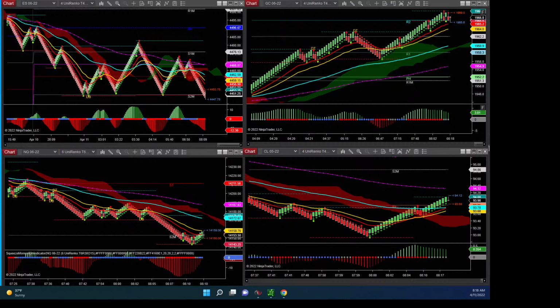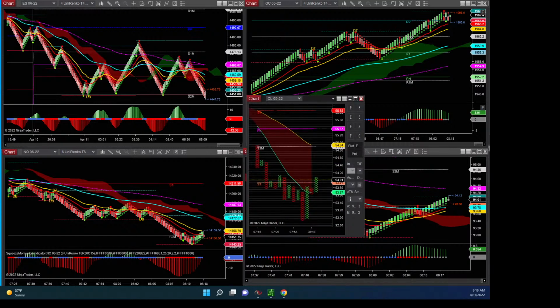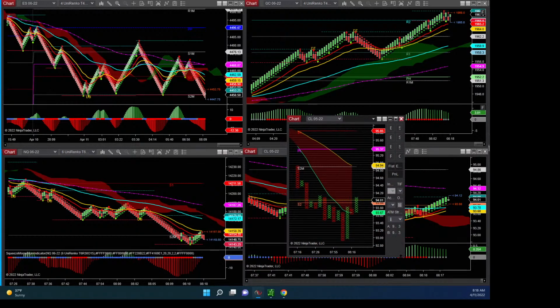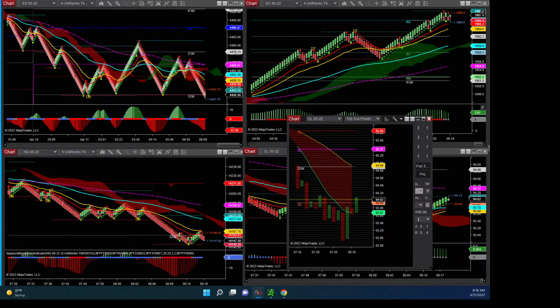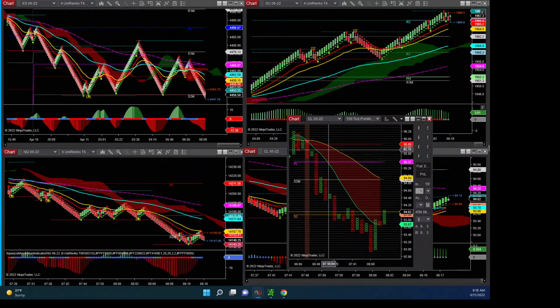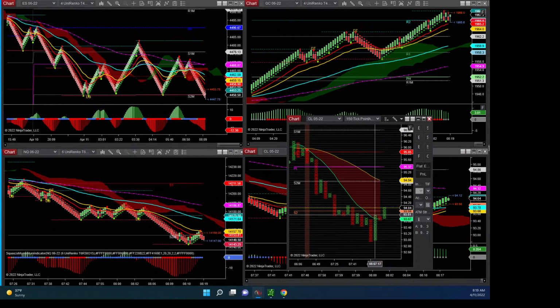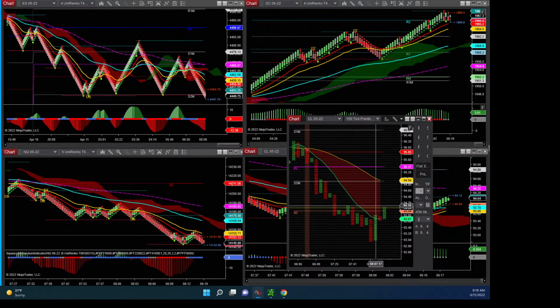And also I use this one, which is a point and figure chart. See, it's showing that it's bouncing out of this level, going back up, but it's a counter trend.